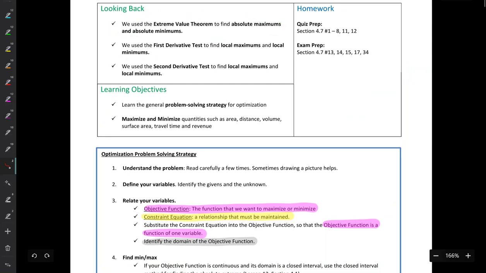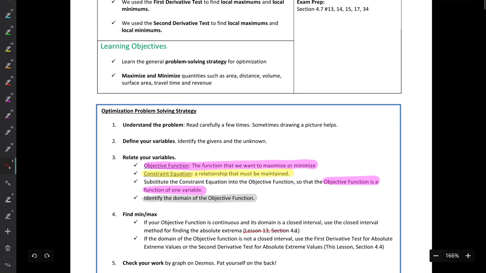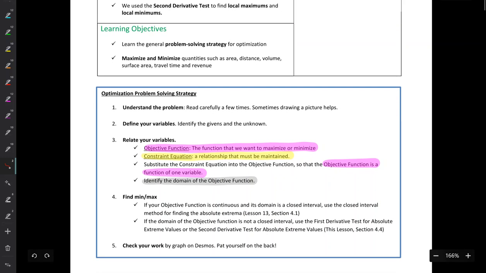This was lesson 13, which in our textbook is section 4.1. Now, if you're not able to figure out the domain or the domain's not a closed interval, an alternative approach would be to use the first derivative test for absolute extrema and the second derivative test for absolute extrema, which we'll talk about in this lesson.